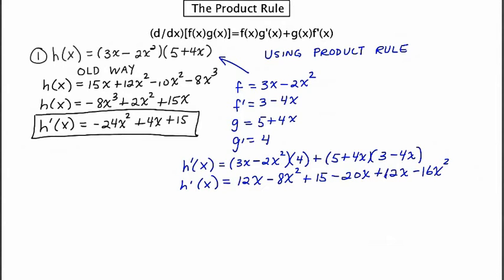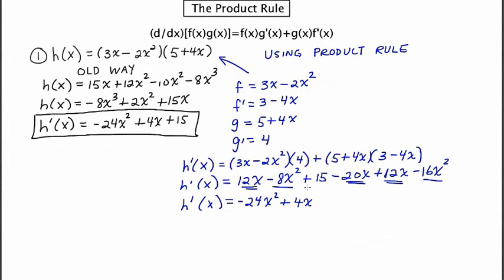Okay, so we're going to combine like terms. And in terms of squareds, I've got negative 8x squared and negative 16x squared, which is negative 24x squared. In terms of just linear terms, I've got 12x, another 12x, which is 24x, minus 20 is 4x.